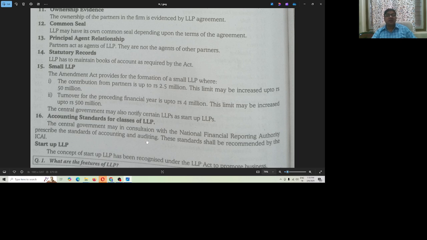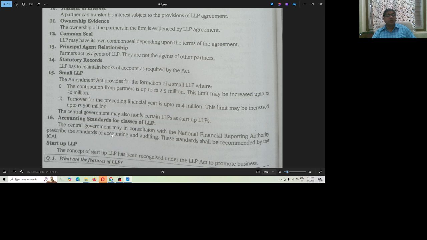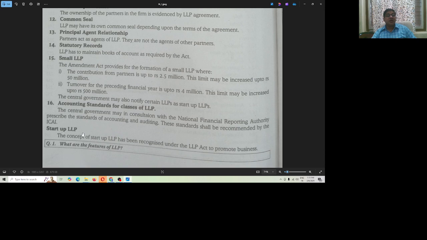These standards shall be recommended by ICAI. ICAI means Institute of Chartered Accountants of India. They frame the accounting standards, and this particular accounting standard is followed by every LLP. The concept of the startup LLP has been recognized under the LLP Act to promote business.